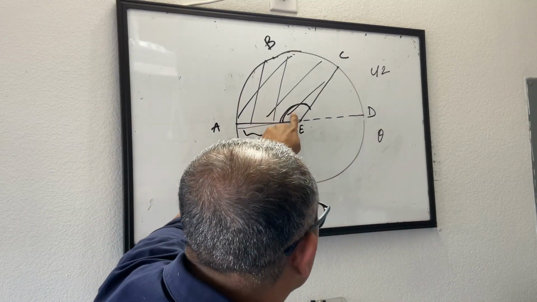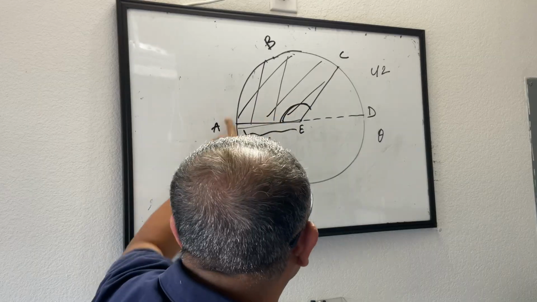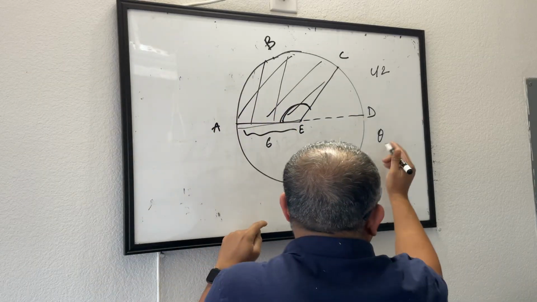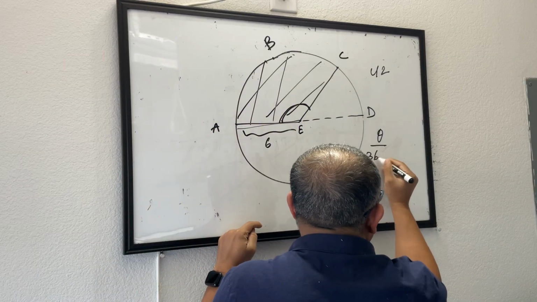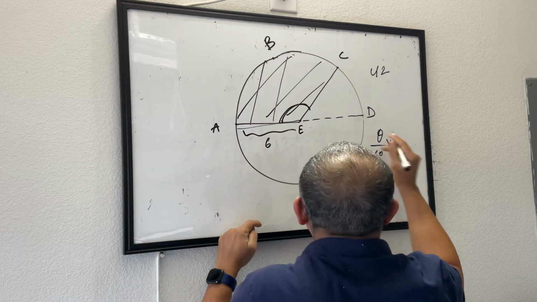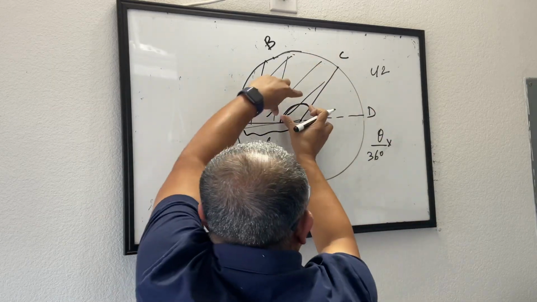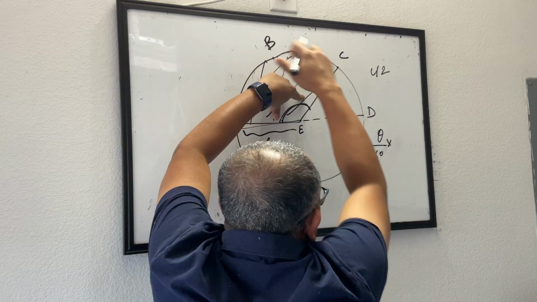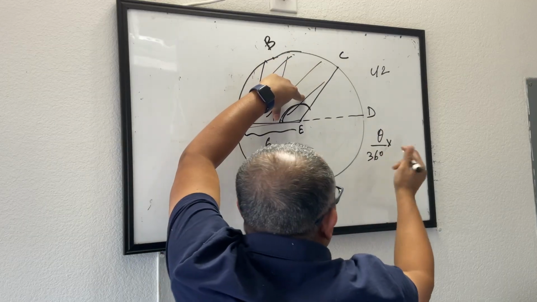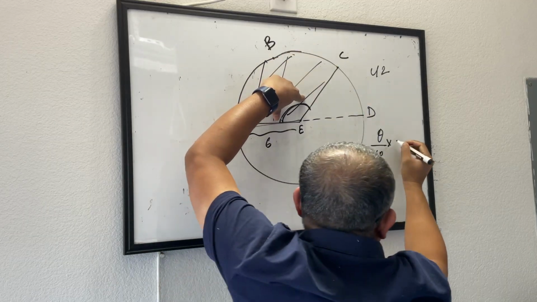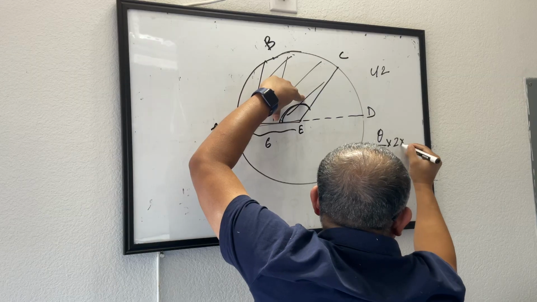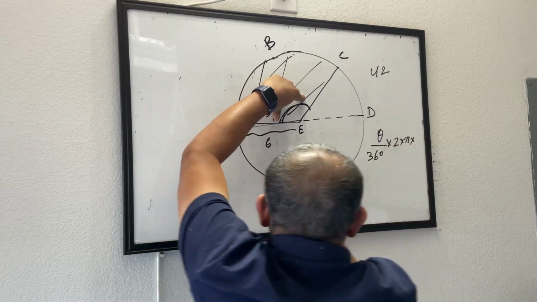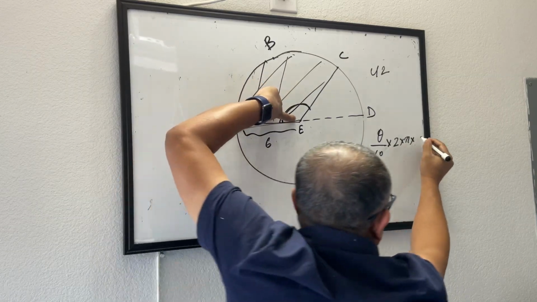Now, if this is theta, then what will be the length of this arc? Theta over 360 times the total perimeter. So this angle is one portion of the 360 degrees. So theta over 360 times the whole perimeter. Now how much is the perimeter? 2 pi r. Now we know the radius, that is given as 6.